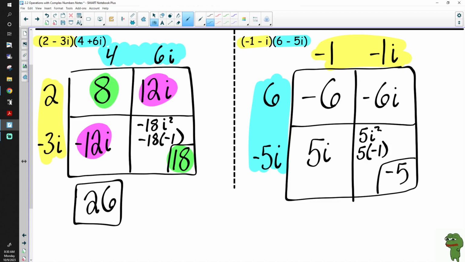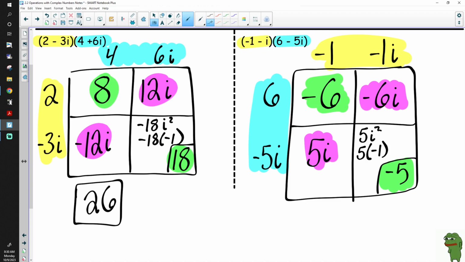To write our very final answer, we just combine our real numbers. For real numbers, we got what? Negative 6 and negative 5. For imaginaries, we got 5i and negative 6i. So we just add them together.